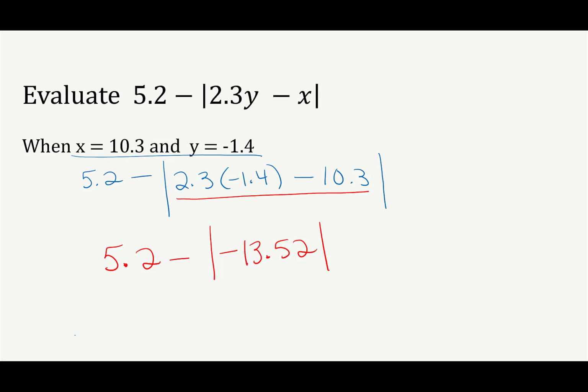It's the distance from 0, and so negative 13.52 is 13.52 spaces away. A shortcut is to think the number inside of the absolute value bars will always be positive. So this is 5.2 minus 13.52, and then using your calculator, go ahead and subtract these two values to get negative 8.32.